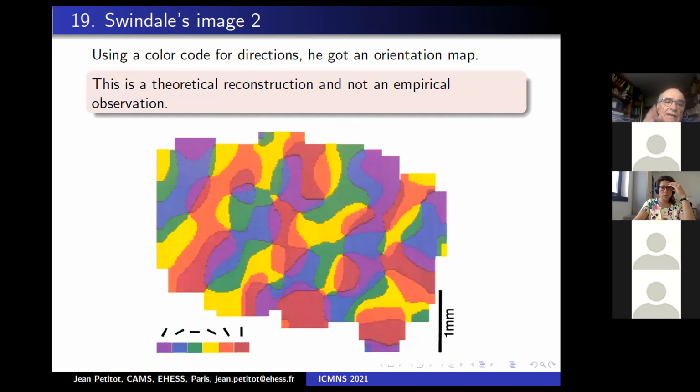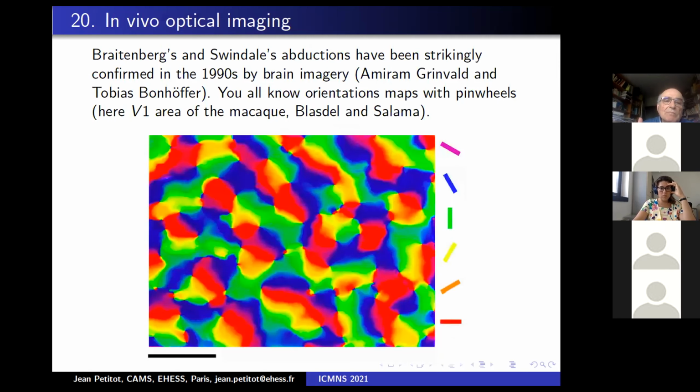I emphasize the fact that this is a theoretical reconstruction and not at this time an empirical observation. But as you know, Braitenberg's and Swindale's abduction have been strikingly confirmed in the 90s by brain imagery, and you all know orientation maps with pinwheels. Here it is the V1 area of a macaque by Blasdel and Salama.